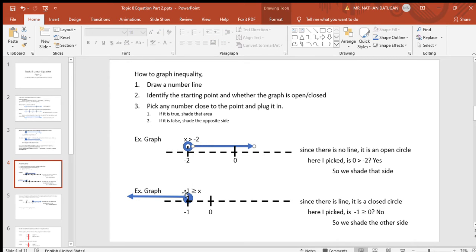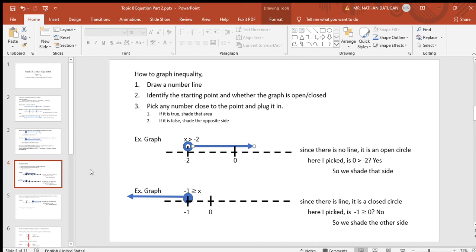But as shown in our second example, the sign points to the right, but the actual side shading is to the left side. So don't just trust the sign. I have students that just shade the area that the sign points and they get it wrong.